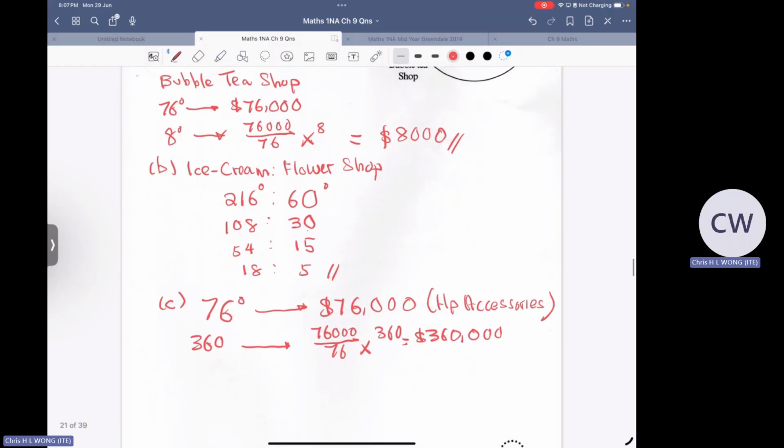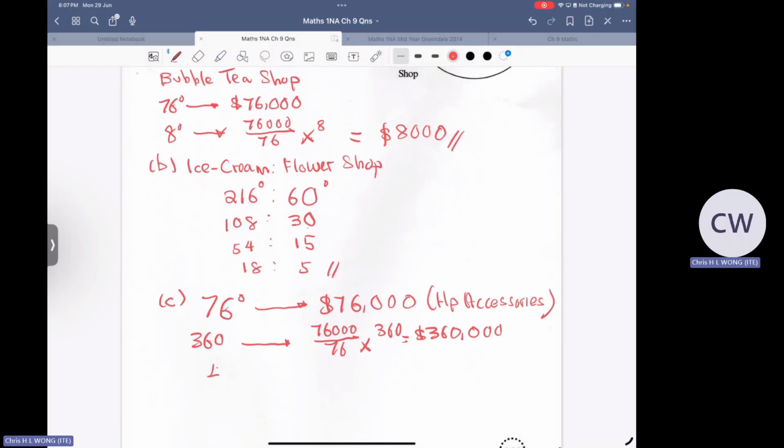Okay. Now 40% represents his profit, right? 40% represents his profit. Do you agree? How many percent are we supposed to find?